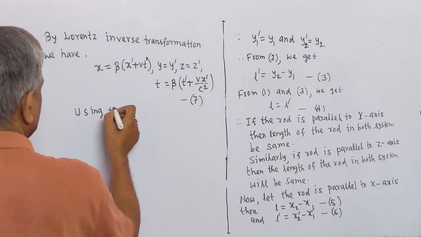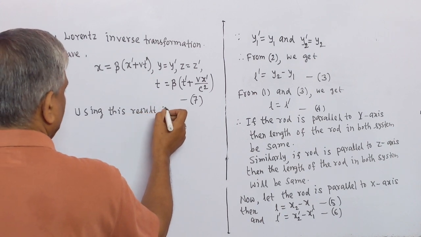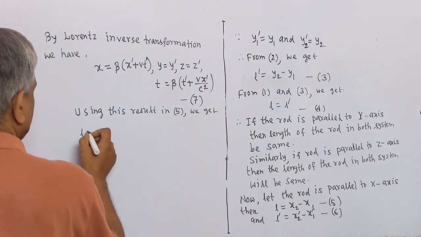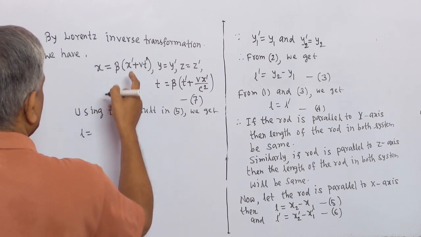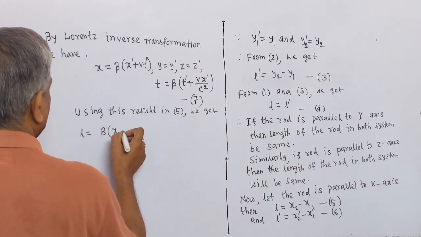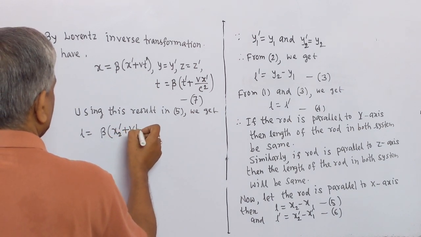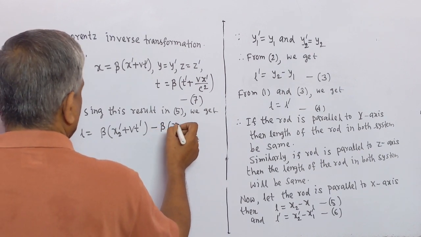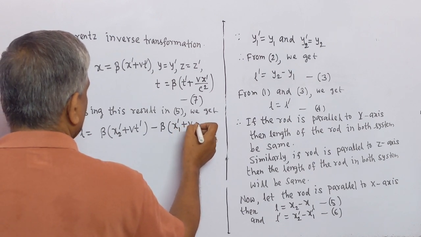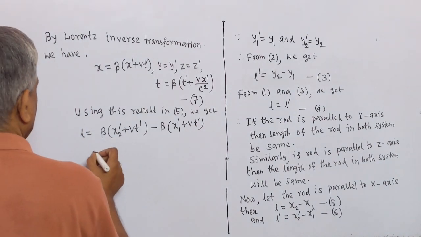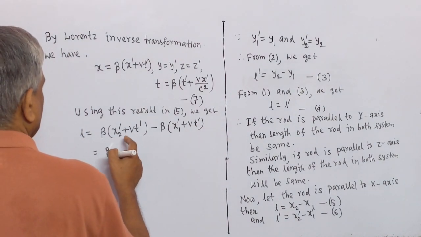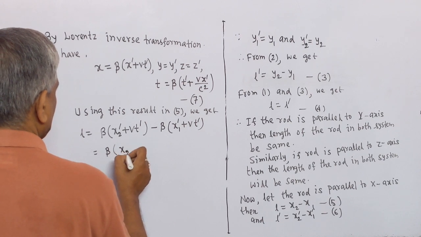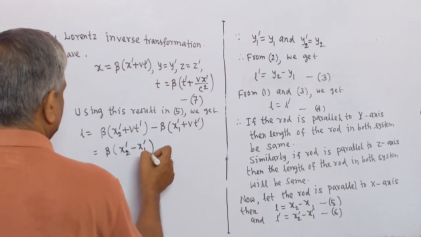Using this result in 5 we get L equal to beta times x2 prime plus vt prime minus beta times x1 prime plus vt prime, and this beta vt prime, beta vt prime cancel, remains beta times x2 prime minus x1 prime.